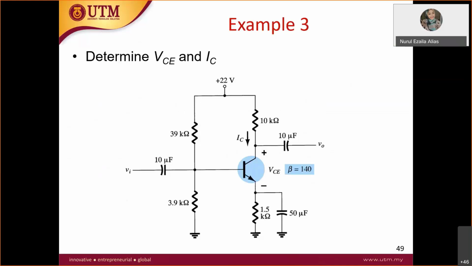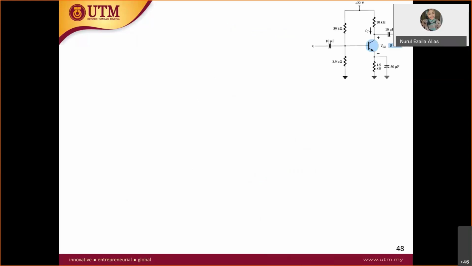VCE and IC are at the output loop, but do I not have to solve for the input loop? No, you have to solve from the beginning, which is the input loop, because you want to get your IB.